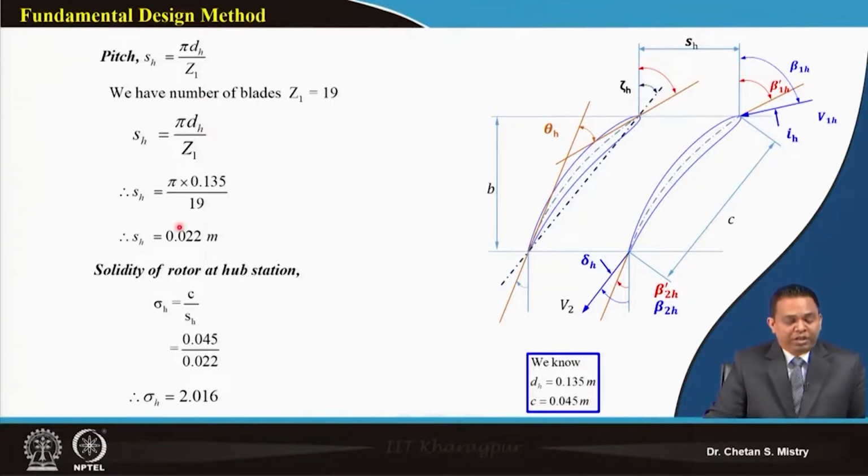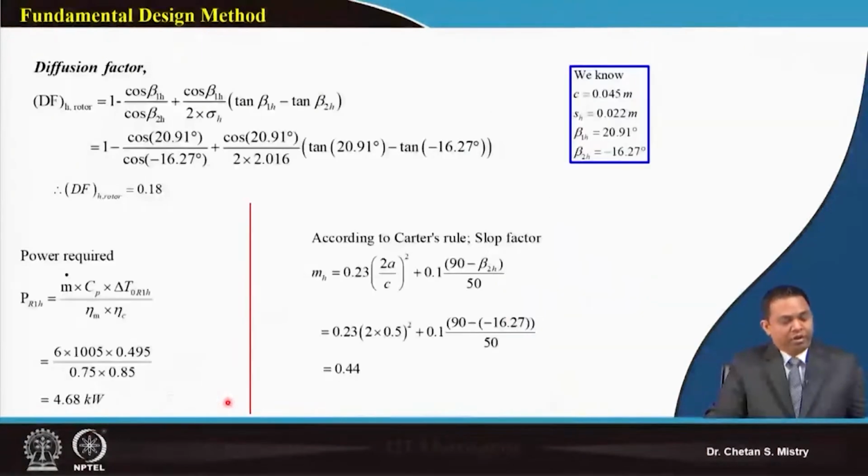So if we put it here, my pitch is coming 0.022 meter. Based on this, we can calculate the solidity at the hub, it is coming 2.016. We can also calculate my diffusion factor. The diffusion factor based on beta 1 and beta 2 is coming 0.18.